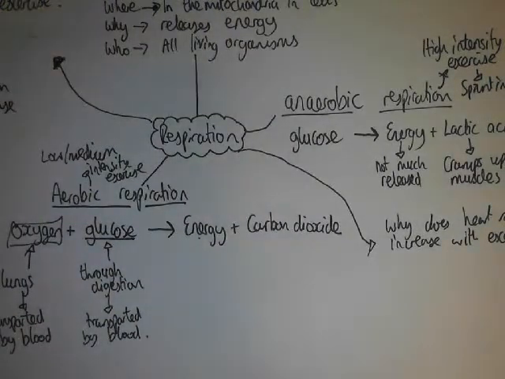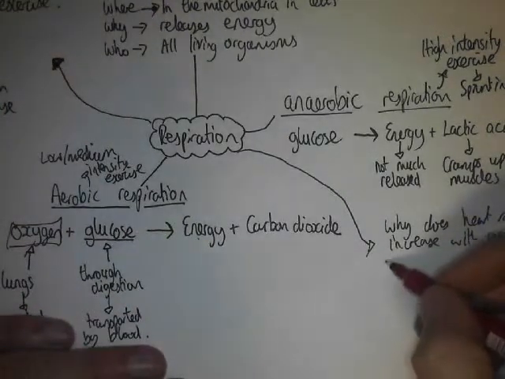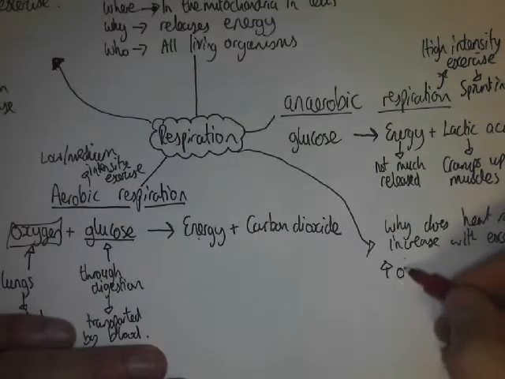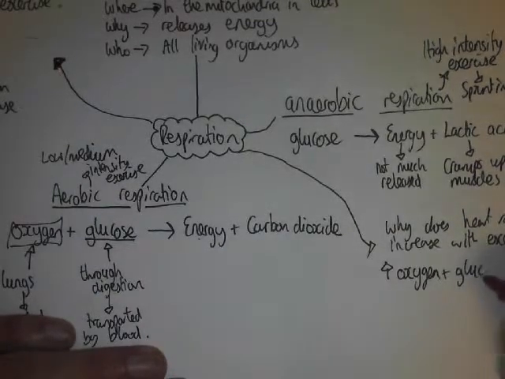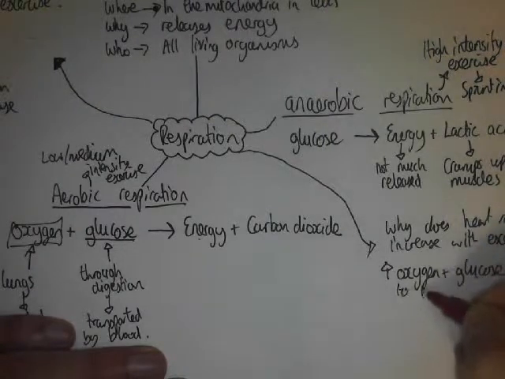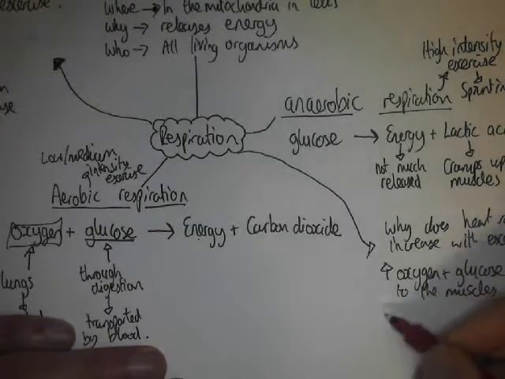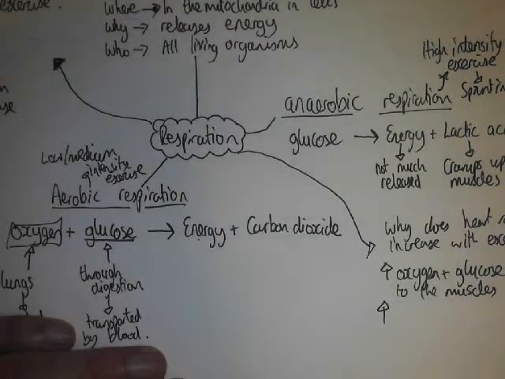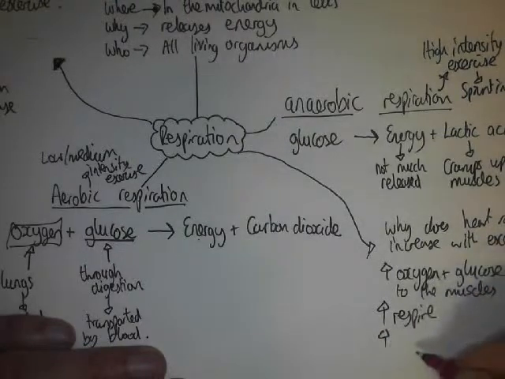So if I'm pumping my blood around the body quicker, I can deliver more oxygen, more glucose to the muscles that are working, so energy can be released. So, got an increase in oxygen and glucose to the muscles. If I've got an increase in oxygen and glucose, again, I can respire more and I can release more energy.